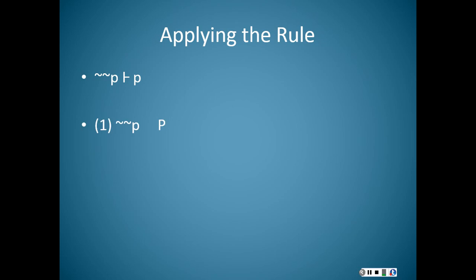There's only one in this case, not not P. And then, via the double negation rule, we are entitled to just take those two negation signs found in front of P on line 1 and delete them. That gives us P. So we infer line 2 from line 1 via DN, double negation.